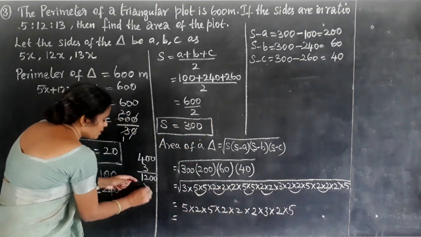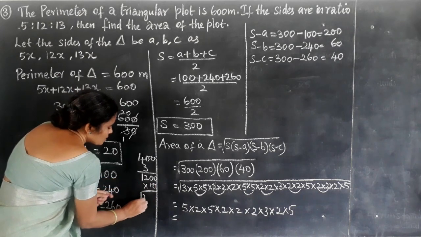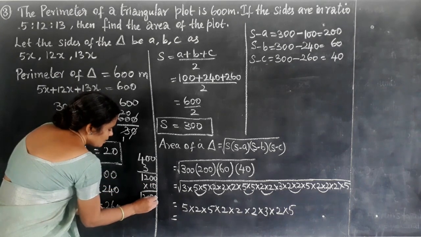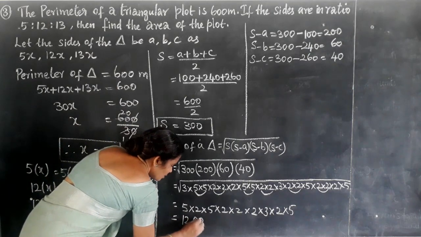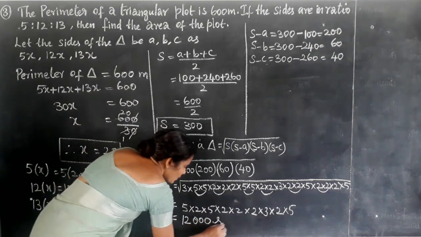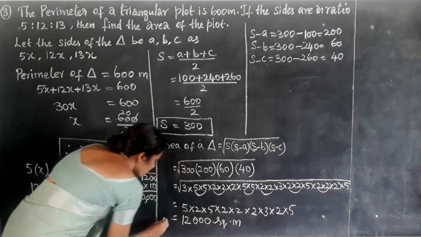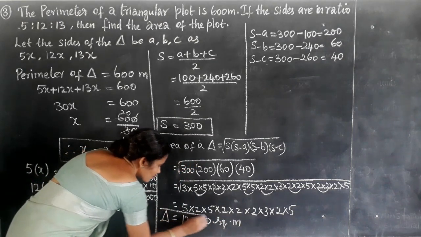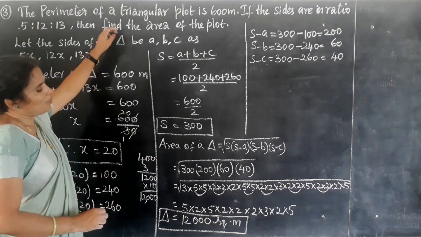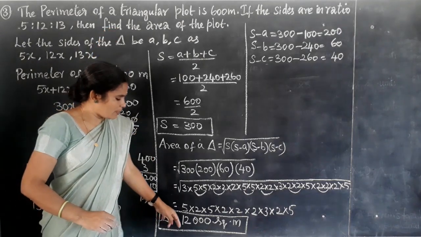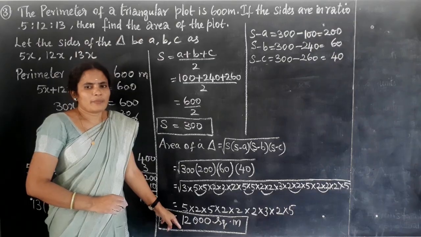So if you multiply into 10, so 12,000 square meter. So area of the plot is equal to 12,000 square meter.